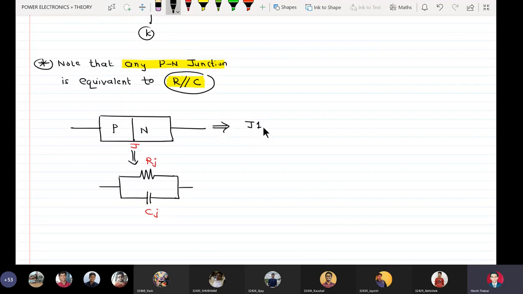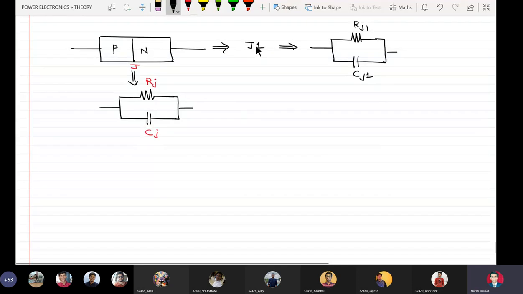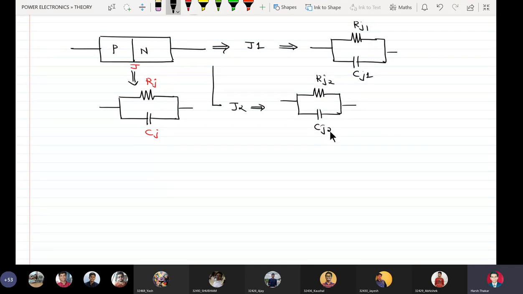Junction J1 is equal to RJ1 parallel CJ1, J2 is equal to RJ2 parallel CJ2, and the junction J3 is equal to RJ3 parallel CJ3.